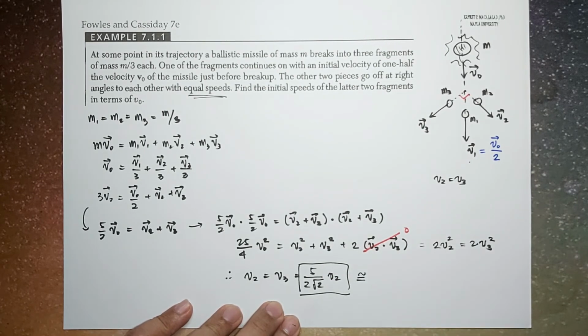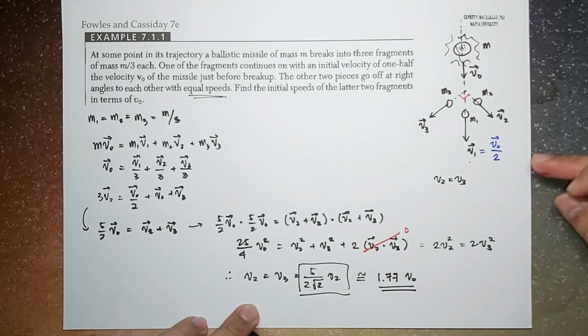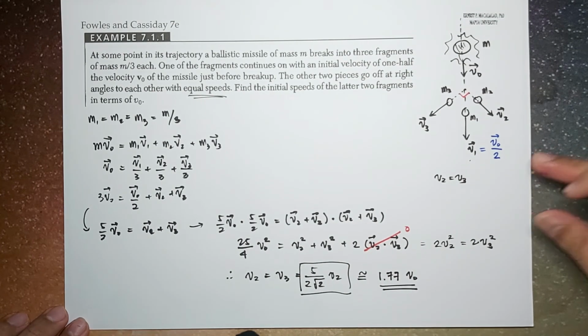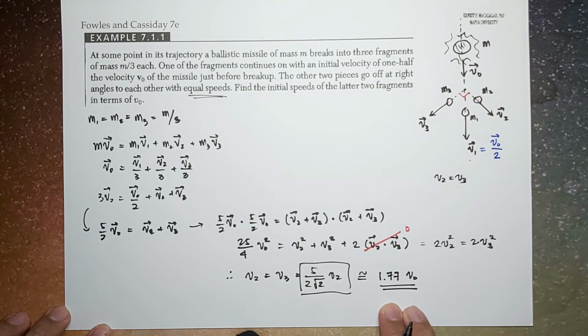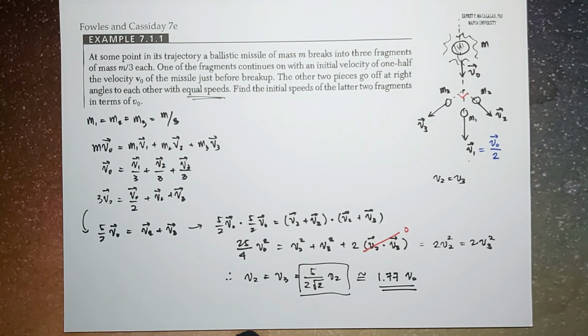Numerically, this is approximately equal to 1.77 V naught. Okay, so this is it. This is the initial speed of the latter two fragments in terms of V naught.